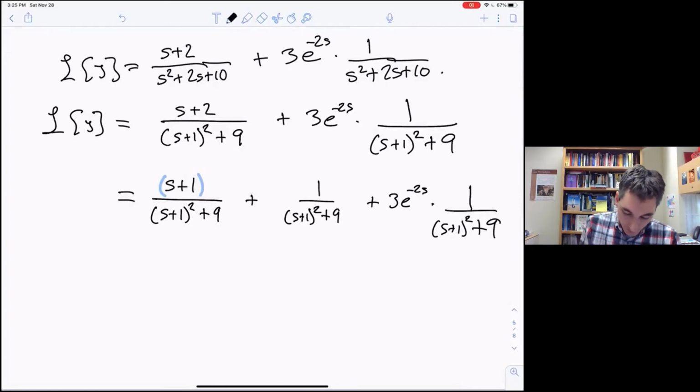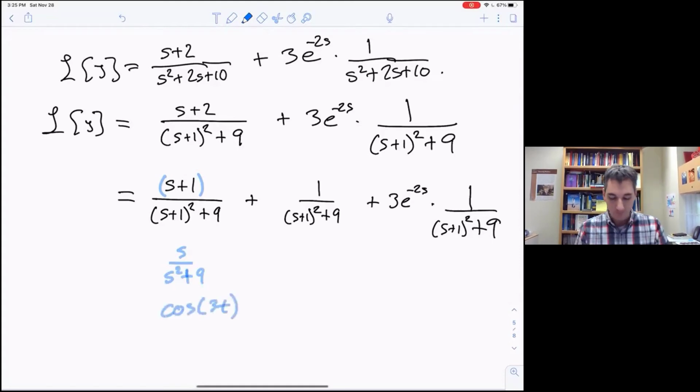So this thing has the look of s over s squared plus 9, right? That's kind of the look of it. And so that should be coming from cosine of 3t, right? But because I have the s plus 1, that's telling you that it's really coming from e to the minus t times cosine of 3t, right?